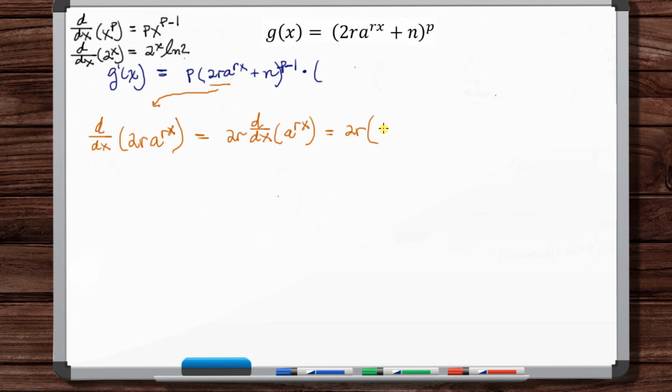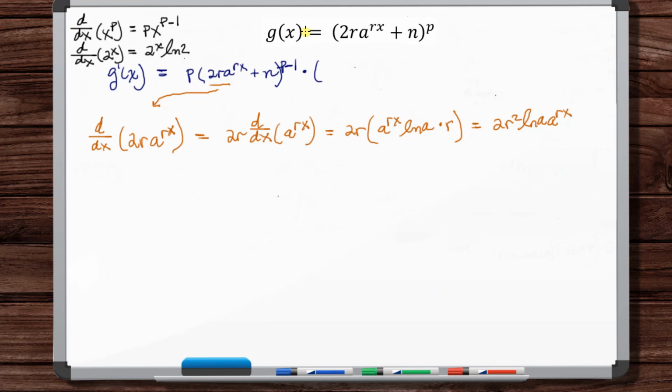The derivative of a to the something is a to that something natural log of a, but then times the derivative of that something, right? We could have said times the derivative of x with respect to x here. That would have been 1. But the derivative of rx with respect to x is r. So simplifying this, we've got 2r squared natural log of a to the rx.